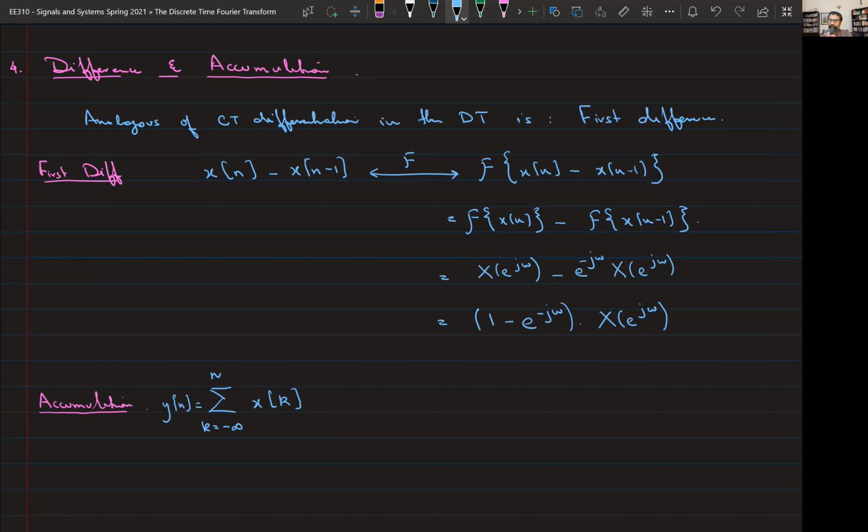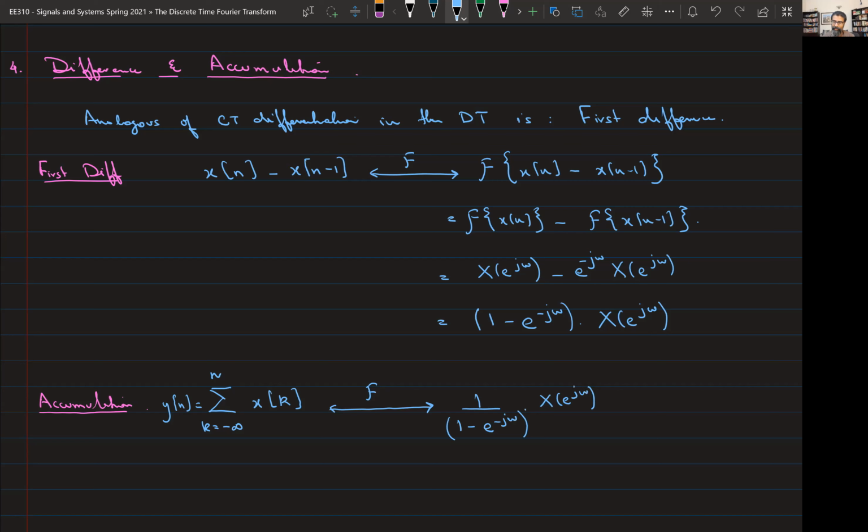You should be clear as well that if I have accumulated values given and I apply the difference on that accumulated value, then I will get back the original thing. Right? And I'm going to give you this result without a proof. So it turns out that the Fourier transform for this is 1 minus e raised to minus j omega times x of e raised to j omega.